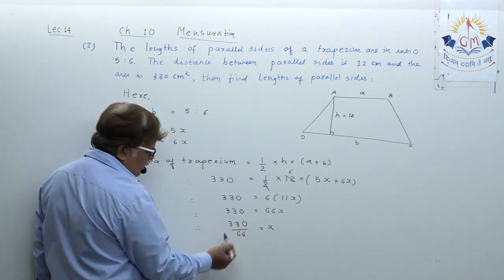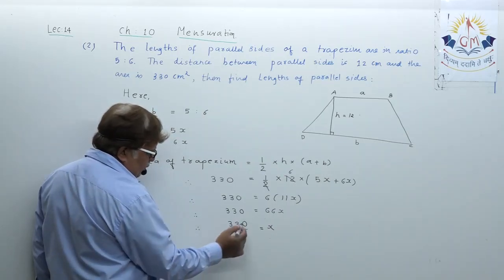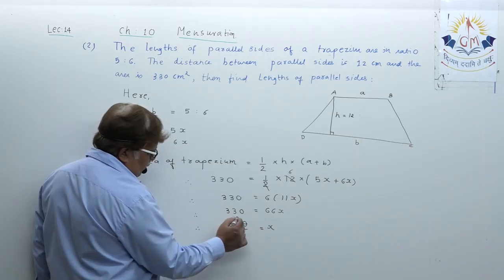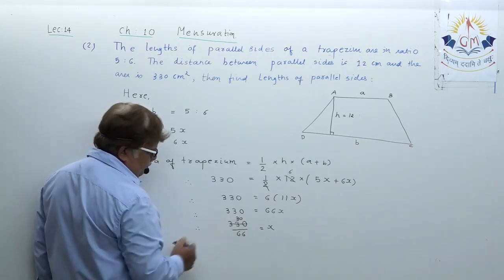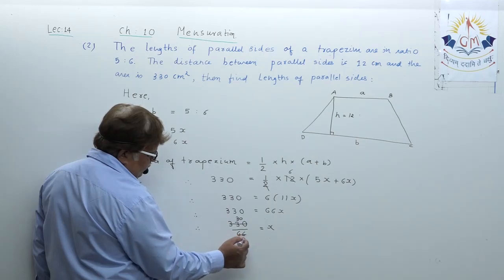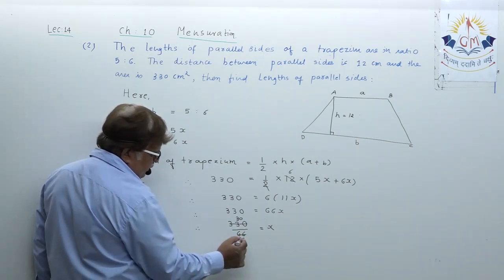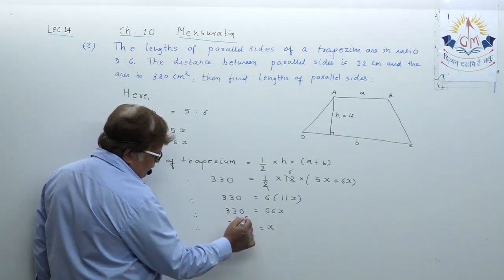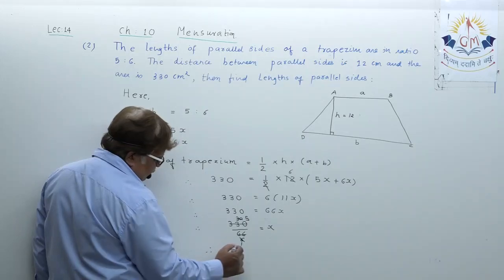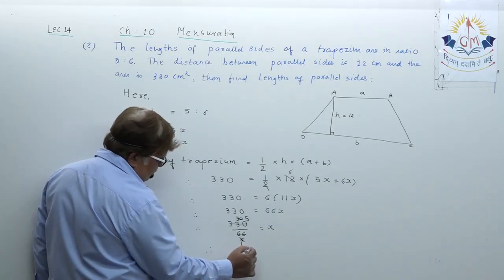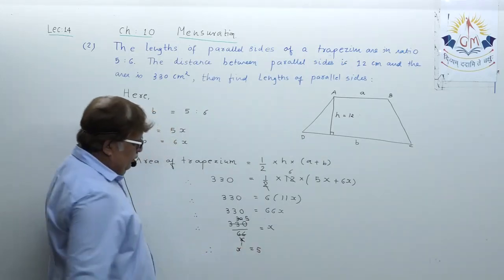Now both are cancelable by 11 also. 11 into 30, 11 into 6, and then 6 ones are 6, 6 fives are 30. So you got x equal to 5.